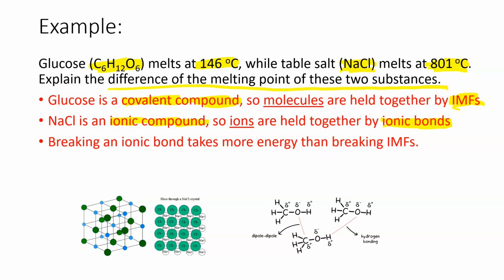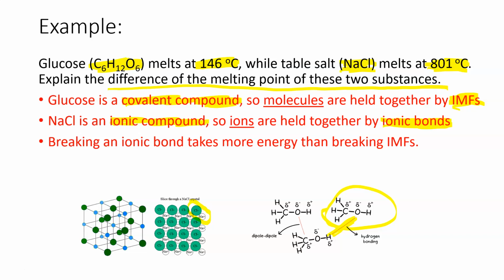Now I will mention down here I've got some pictures. This isn't actually glucose, but it's a very similar concept, and it's a simplified picture. You can see that we're just breaking intermolecular forces if I wanted to separate one molecule. But if I wanted to separate a formula unit of NaCl, I've got to break it apart from all of those other NaCl formula units in the lattice.